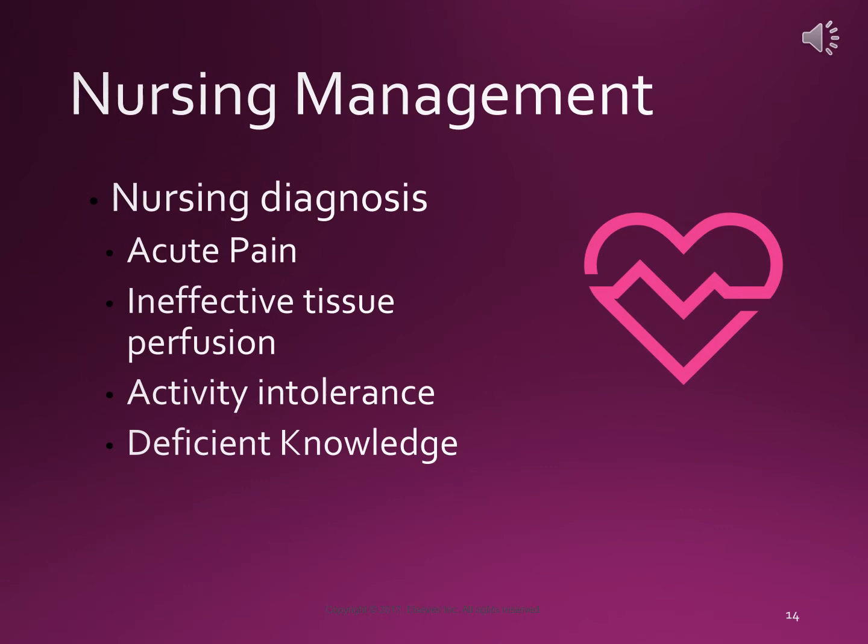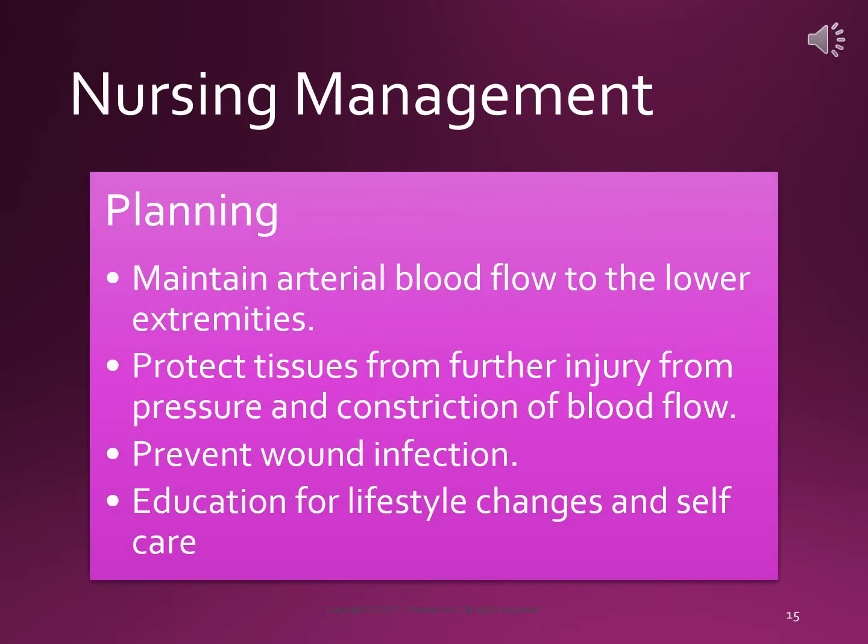Nursing management is very important in peripheral arterial disease, and the diagnoses that you would be working with are acute pain, ineffective tissue perfusion, activity intolerance, and knowledge deficit. Things that you're looking at here are trying to help them maintain the arterial blood flow to the lower extremities.